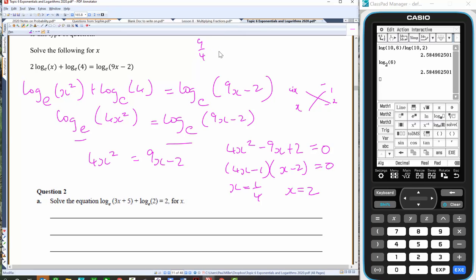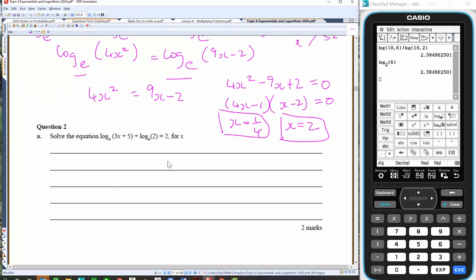Take away 2. So what have we got? 9 on 4 is 2 and a quarter. Take away 2. Yep, that's all good. So both of those solutions are appropriate.